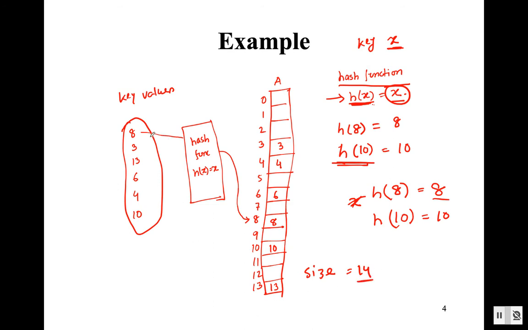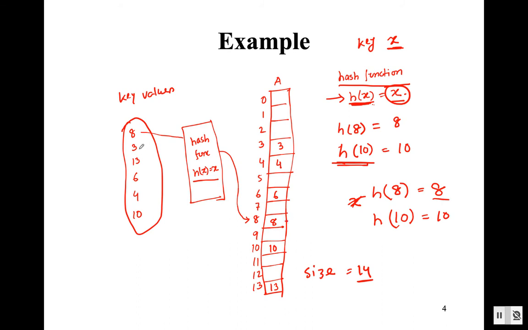So let's say our first key value is 8. Using the hash function this will give us the value 8, so we are going to store 8 in index 8 itself.